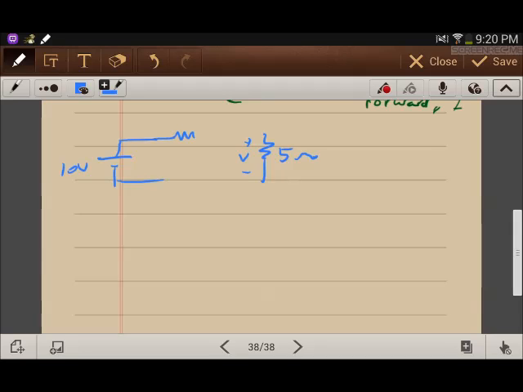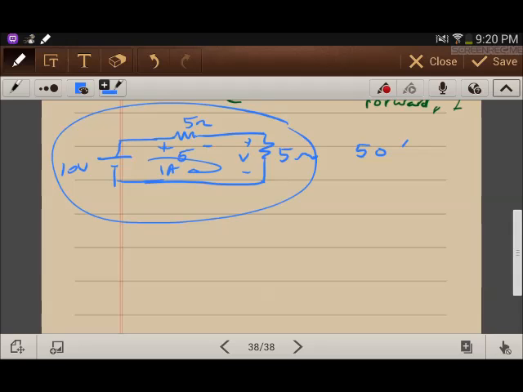So I have to put a 5 ohm resistor here to divide the voltage, like the voltage division rule. So I will have here 5 volt and here 5 volts, and the current is 1 amp. So the efficiency of this system is 50%. So 50% of the energy is reaching the load, while 50% of the energy is dissipated as heat here.